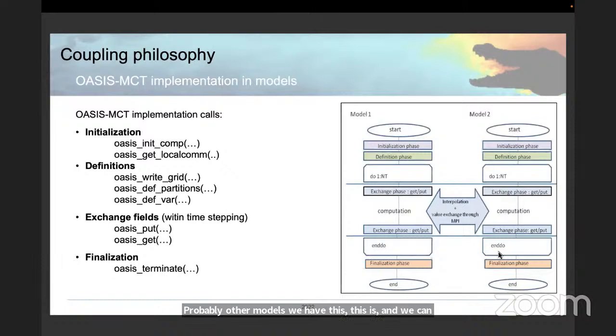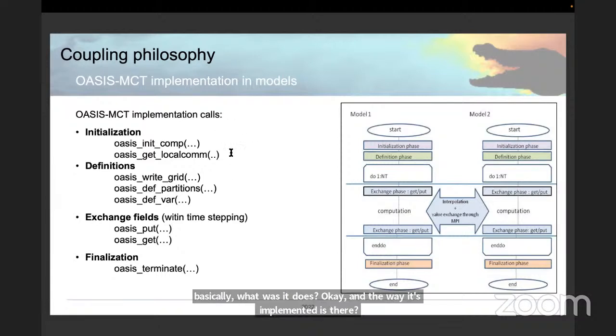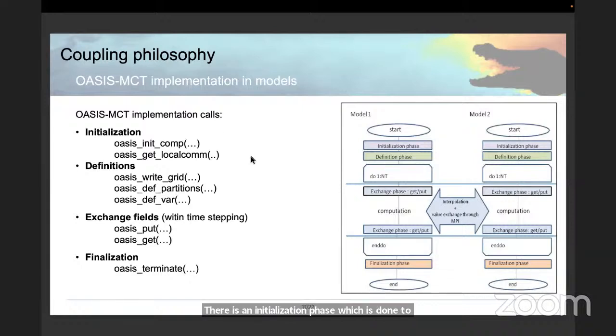Basically, the way Oasis is implemented, there is an initialization phase, which is done to set up the communication between the models. There are also definitions of the grids, of the parallelization partitions, and of the variables to exchange. There is a step which is actually the exchange of fields, so put fields toward the coupler and get fields from the coupler. And then a finalization, which is typically the closure of communication.